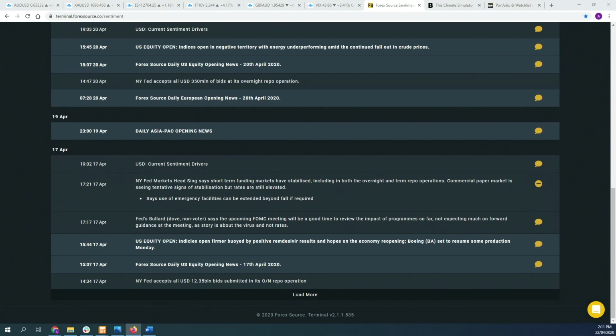The only time when repo operations are really tradable is when repo operations fail due to a lack of cash in the system. We saw the reactions in the US dollar quite clearly in September 2019 when we had that big lack of cash or liquidity in the system that caused huge demand for the US dollar, as people who wanted cash couldn't get any, and those that had cash didn't want to lend it out.